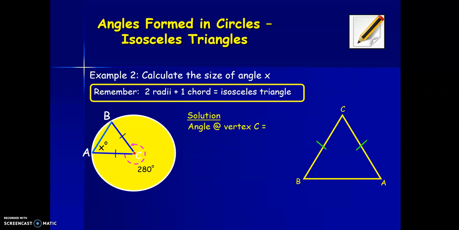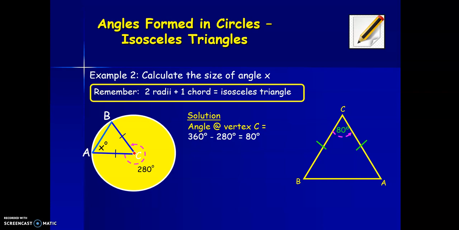X is at vertex A. But in order to work out the size of X, we need to get the angle at vertex C first. Now remember, there are 360 degrees in a circle, so we would do 360, take away 280 degrees, which will give us 80 degrees at vertex C.